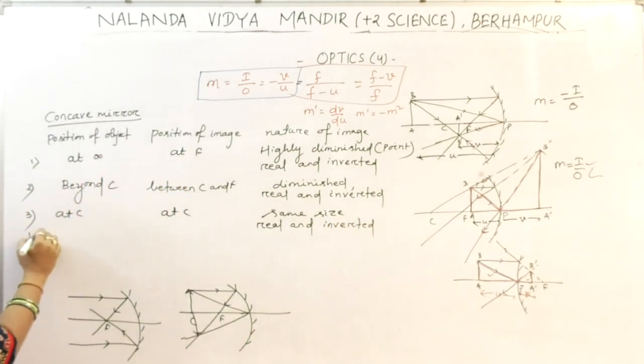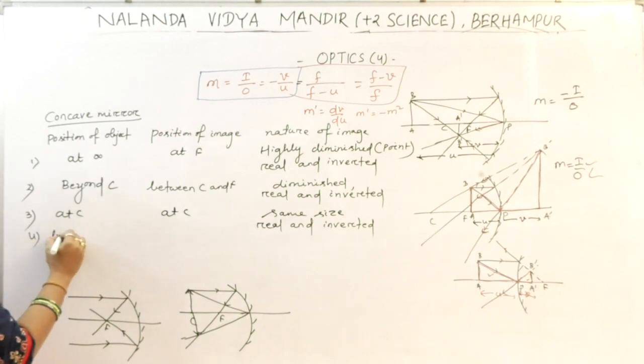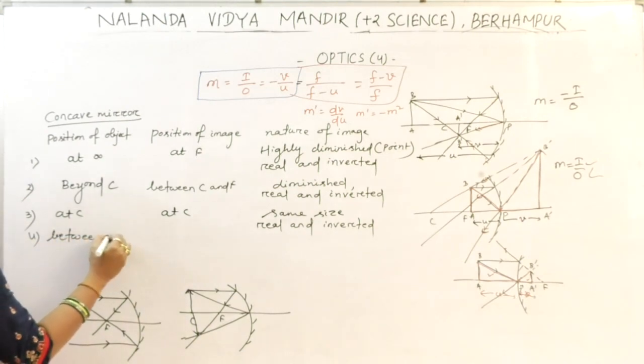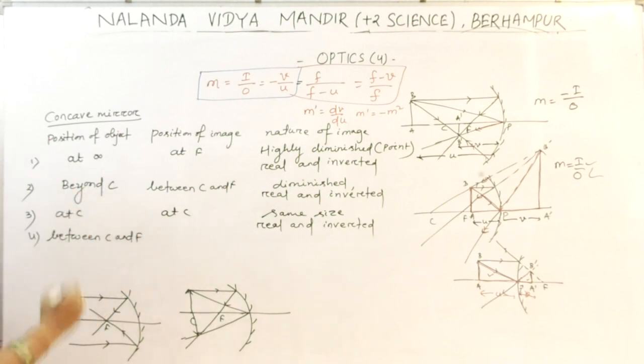Next, let us keep the object between C and F. If the object is kept between C and F, then where is the image formed?